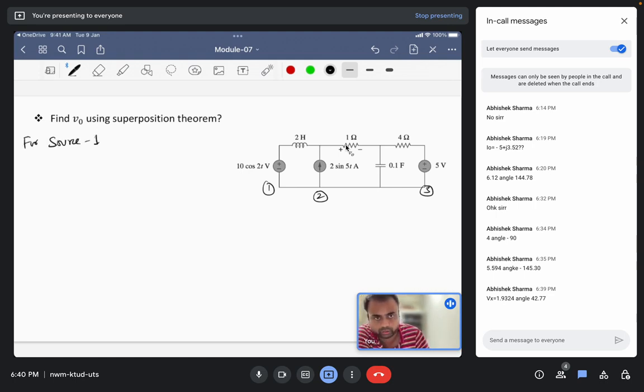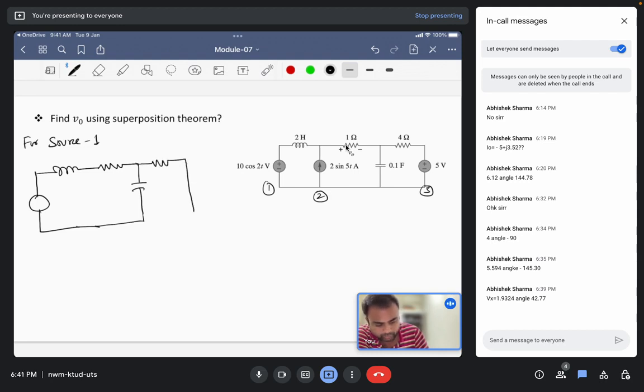So for source 1, I'll just draw the circuit for simplification of the problem. So this is the voltage source. Again we have an inductor. The current source is an open circuit, so nothing will be drawn there. Then there is a capacitor, and there is a 4 ohm resistor, and the other voltage source is short circuited.